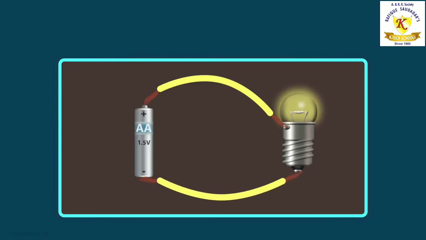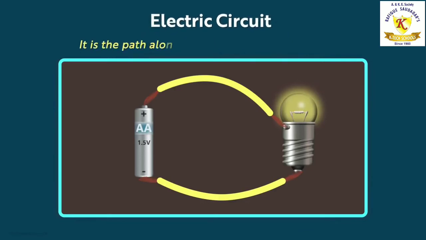The bulb then glows. The word circuit is very important here. In this context, it is an electric circuit. In simple words, it is the path along which electric current can flow.